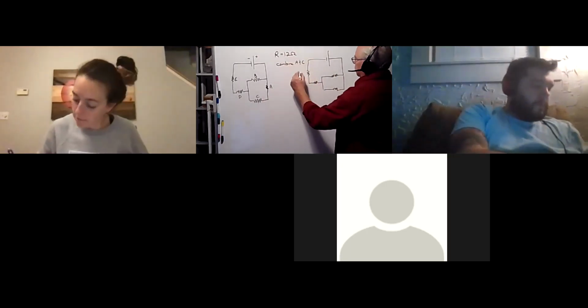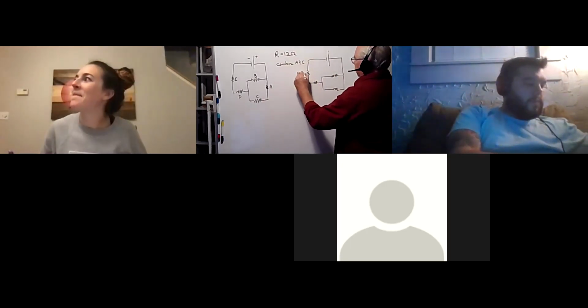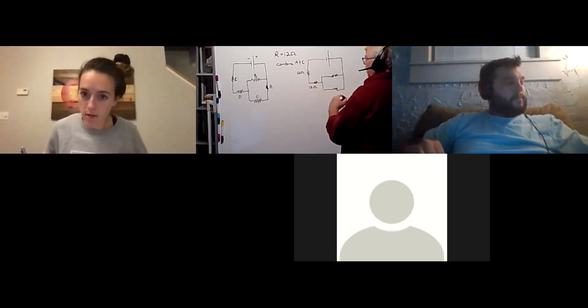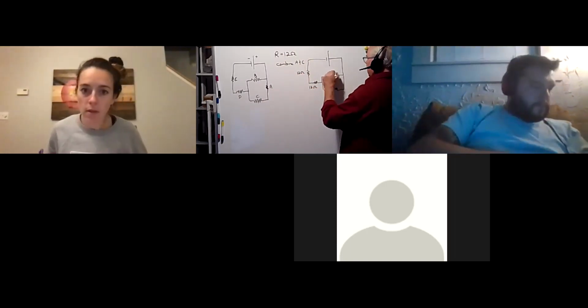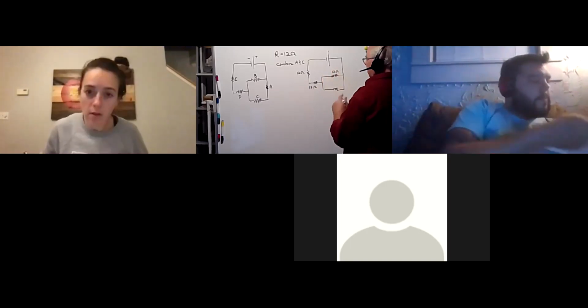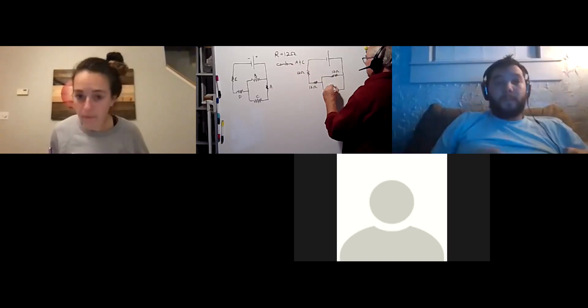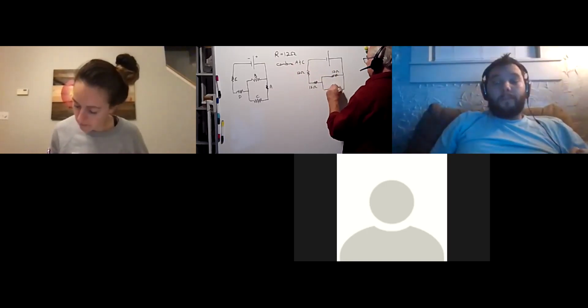All the others are still 12 though. So this is 12 ohms and this is 12 ohms. And this I haven't done anything with, that's 12 ohms. But now this is a replacement for A and C. And since they were in series, I just add the two together to get 24.